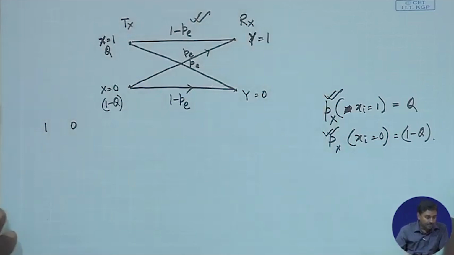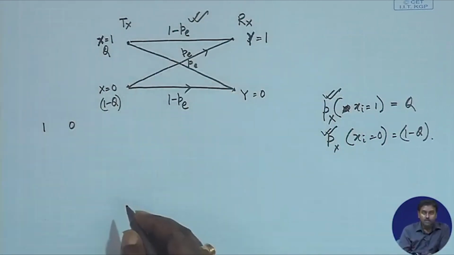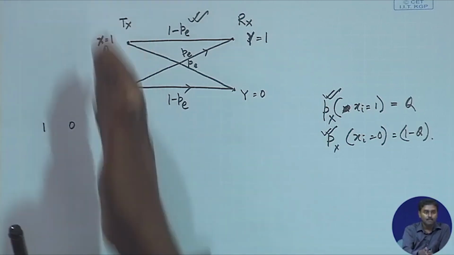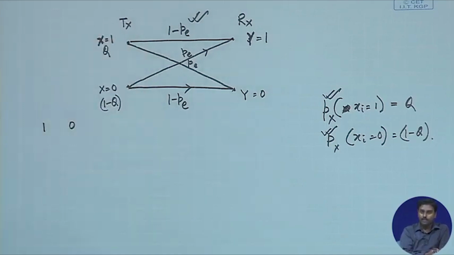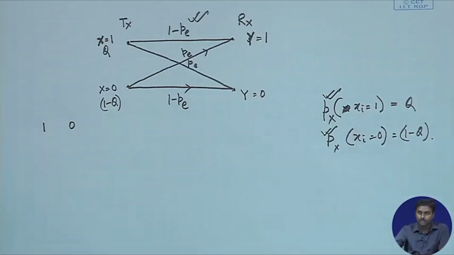Okay. So, now let us try to define whatever we have got so far. If you see over here, there are two random events. Okay. One is this x, which is one random variable, and the other one is y, what is transmitted and what is received. Okay.